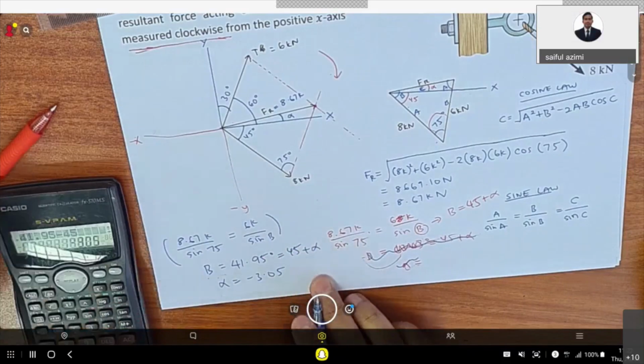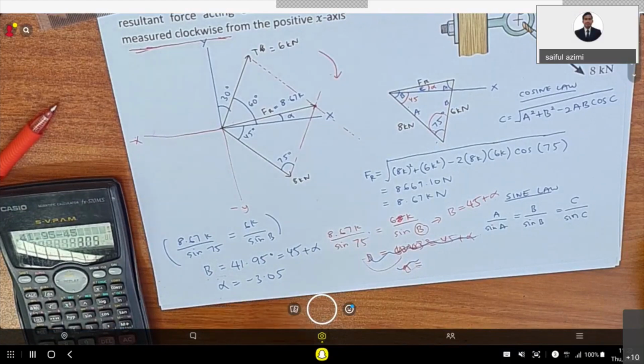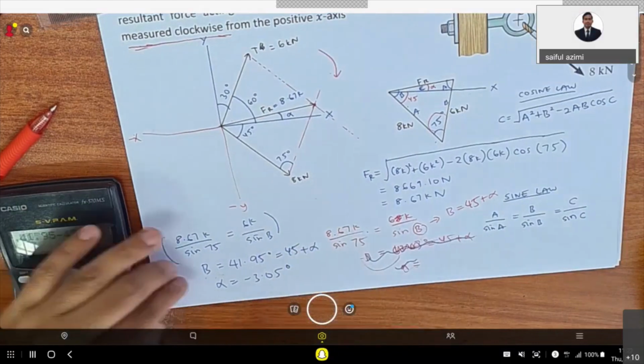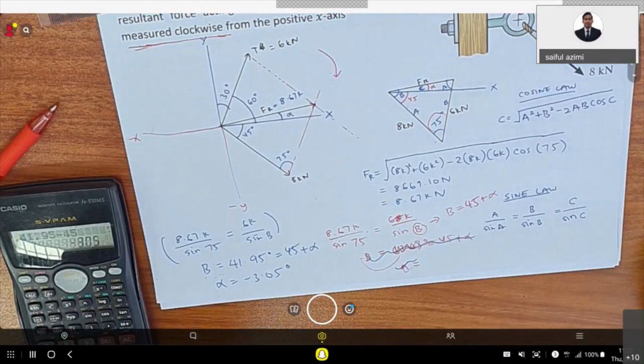For this question, the direction is actually negative, but I think we should put the direction as a positive degree. Later on, I will verify to you. Either it is positive or negative, I think it will become positive 3.05 degree.